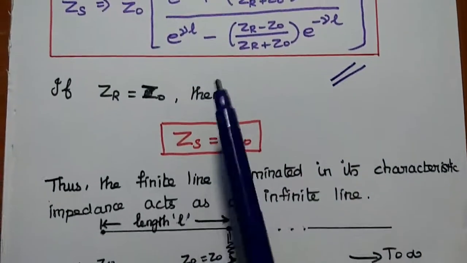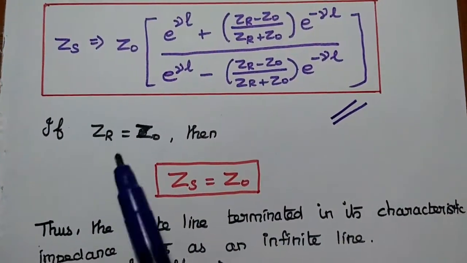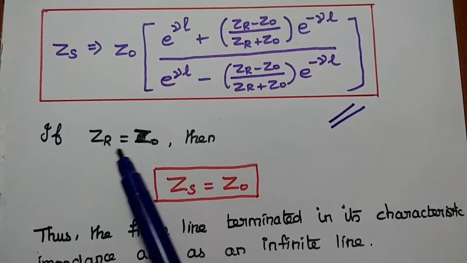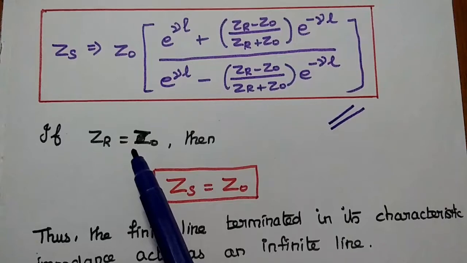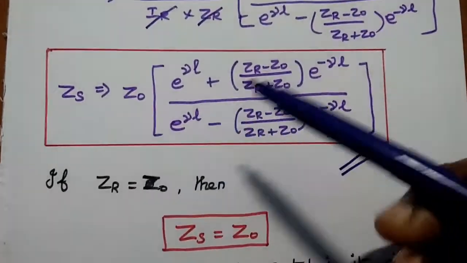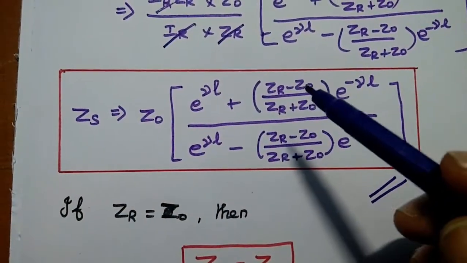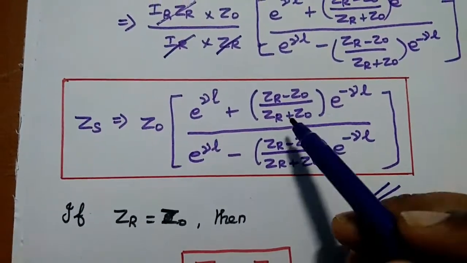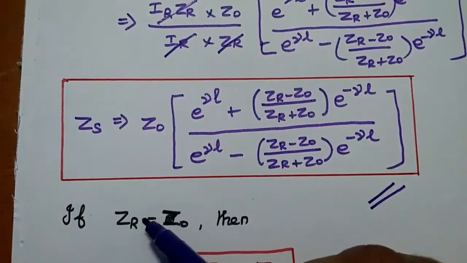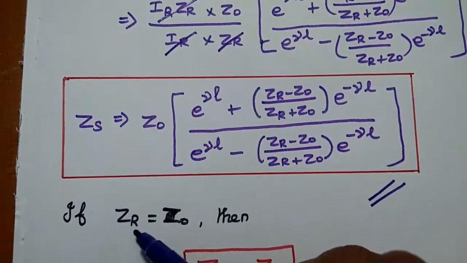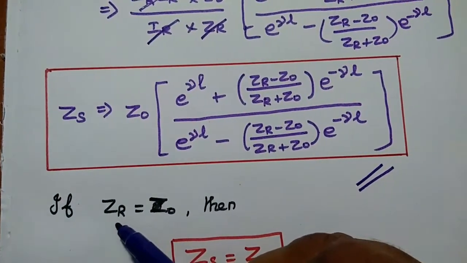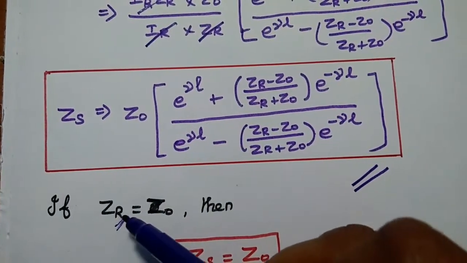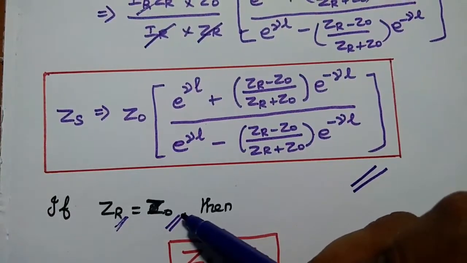So in this expression also, if the characteristic impedance is equal to the terminal impedance or the receiver impedance, then you can consider here ZR is equal to Z0. What will happen here? ZR is equal to Z0, that is the receiver impedance or the impedance at the receiver side or load impedance, equal to the characteristic impedance.